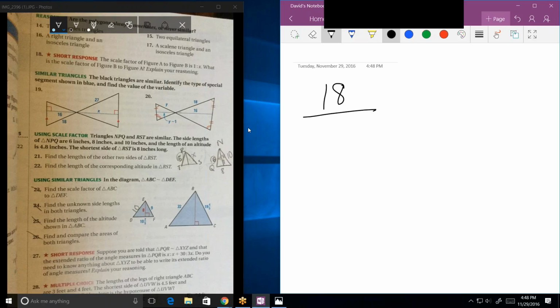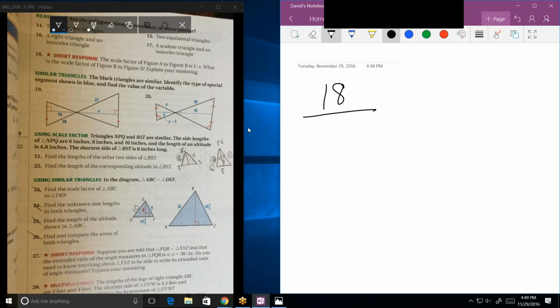Now, are 18 and y corresponding? Yes, they are, because why? Because the two triangles are similar, because that third angle has to be congruent due to the vertical angles congruence theorem. And the simple answer is that y is opposite this angle that's got the double curved line, and 18 is opposite the same angle in the bigger triangle.